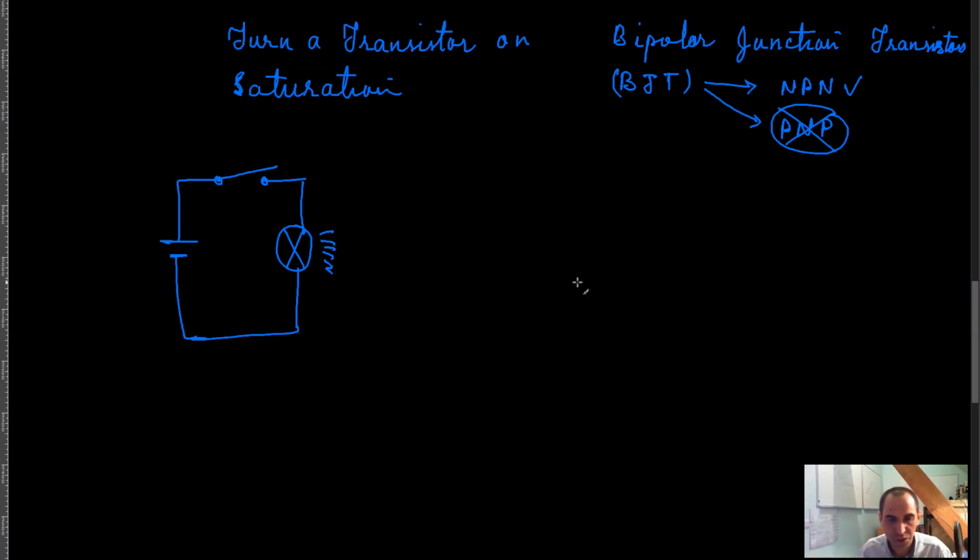For example, you are working on an Arduino or a microcontroller, and the output of your microcontroller goes high, and then that voltage goes to the input of the transistor, or the base of the transistor. Essentially, the base of the transistor is like turning the switch manually on, and then the transistor will turn the lamp on for you.